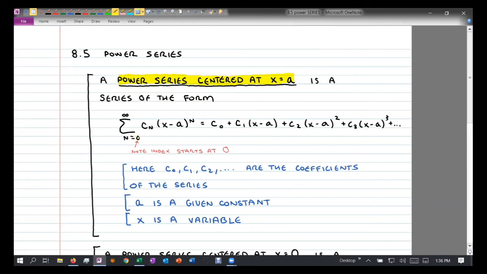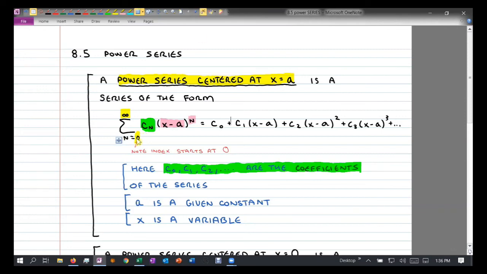You have a summation, and please note that our summations are now going to start at 0 for power series, and they go to infinity. And then what you have is c sub n. c sub n is just a bunch of coefficients, just a bunch of numbers sitting in front of (x minus a) raised to the power n. So you can start doing this yourself.